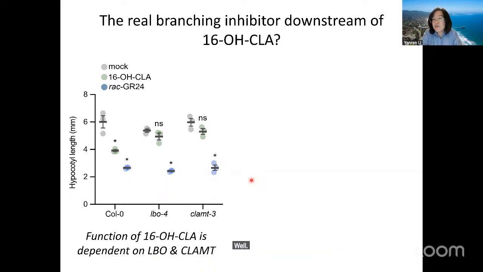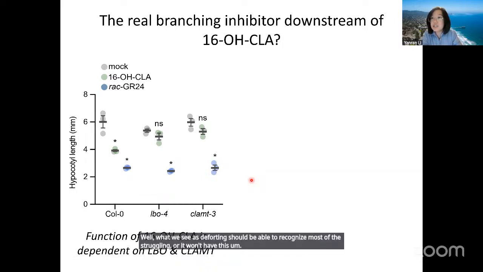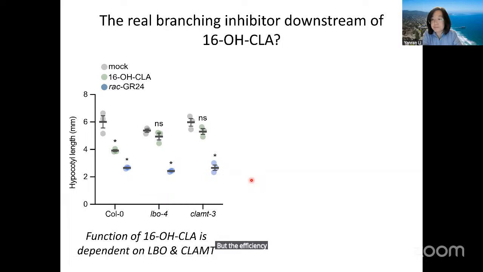What we see is D14 should be able to recognize most of the strigolactones, or we wouldn't see the phenotype change when we treat plants with different strigolactones, but the efficiency definitely is different. And that's how very exciting research is.